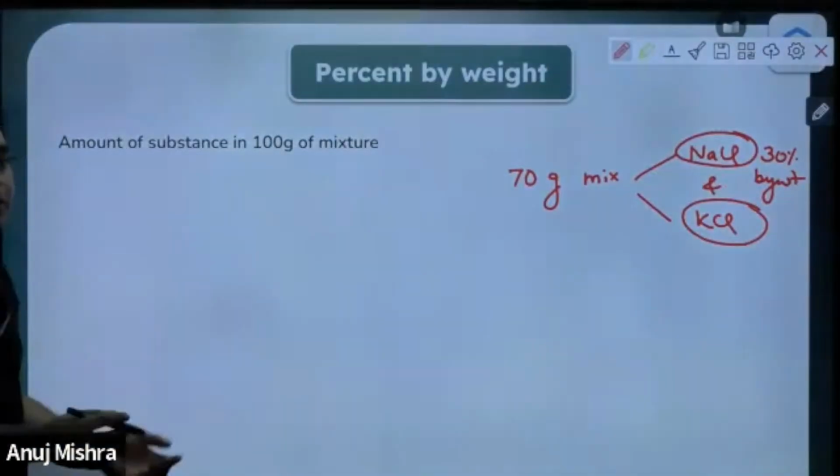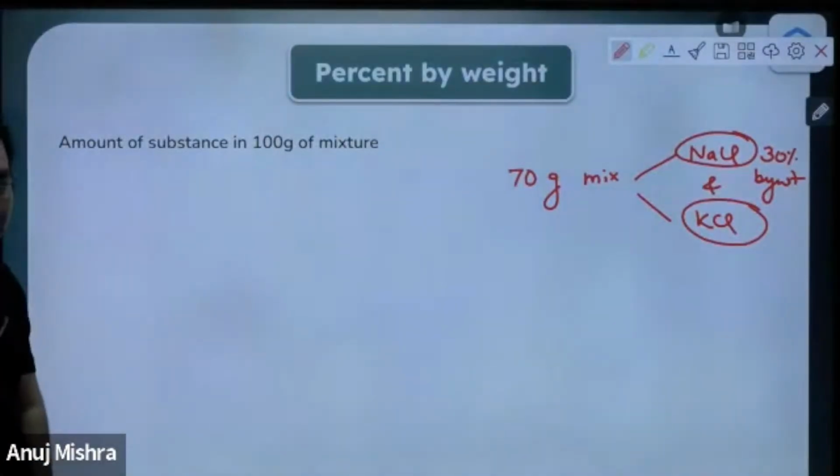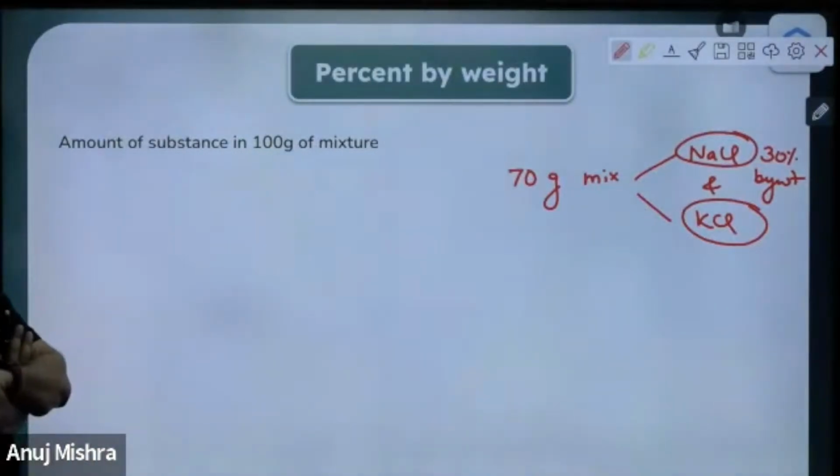It's a question of percentage only, right? क्या आंसर होगा मेलिंडा? 70 ग्राम का 30%, 70 grams का 70%. How much will be the value? 21 gram. Very good. And the other one? 49 gram.